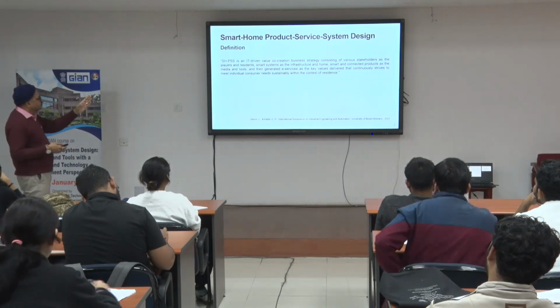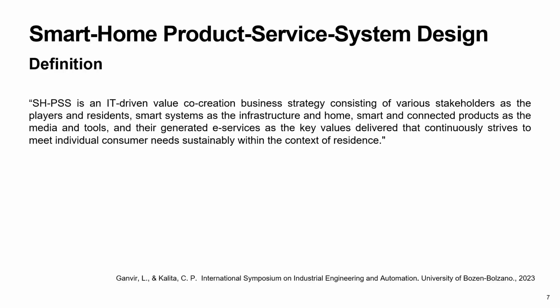Continuing: various stakeholders as the players and residents, smart systems as the infrastructure and home, smart and connected products as the media and tools, and their generated e-services as the key values delivered, which continuously strive to meet individual customer needs sustainably within the context of a residence. This is the way we define the smart home product service system.